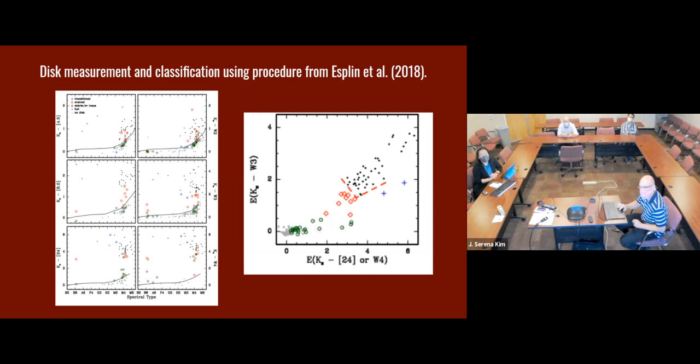These green ones are those second generation debris disks or just the final late stages of the primordial. So there is still some of that primordial disk in this population, or at least they're indistinguishable from the primordial disks. So there's plenty of these evolved disks in that region.